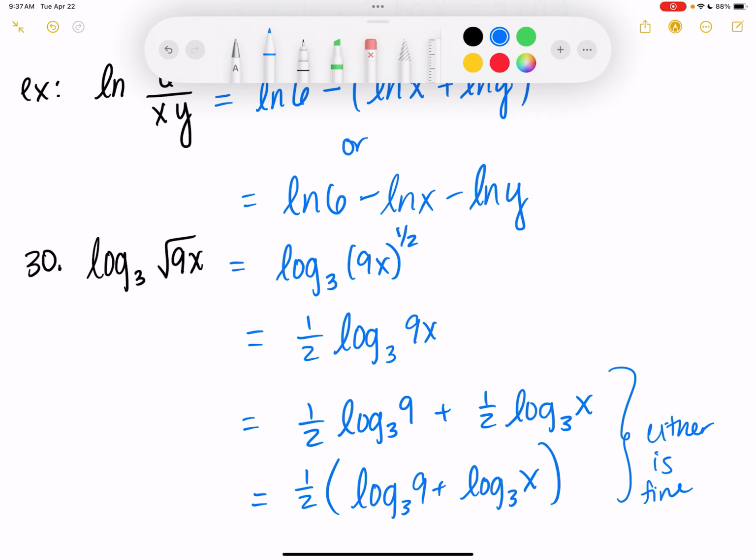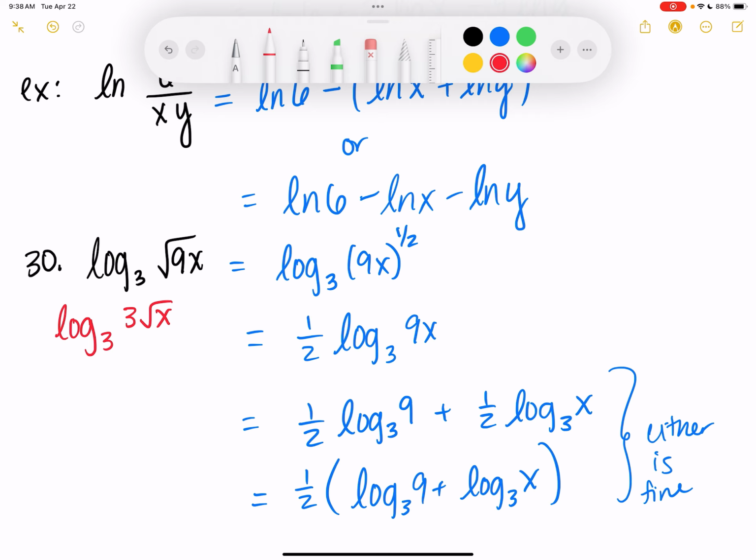In most situations, if I wasn't specifically expanding, I would have rewritten this as log base 3 of 3 root x, because the square root of 9 is 3. And then I would have never had to go down here and do it that way. Again, I'm not really sure why the book doesn't do that, but they leave the answer as 9. I think it's just because they want you to expand it and not do anything else. But if you went that route, I also would take that.